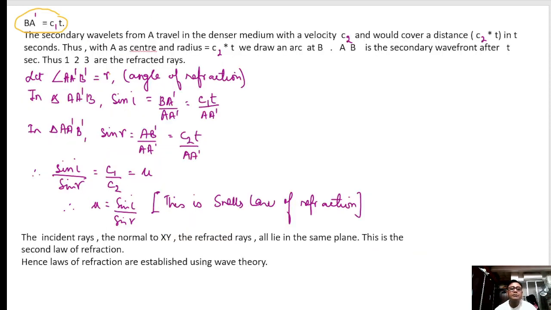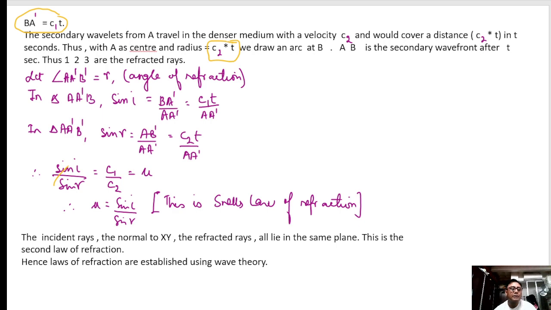Similarly, the distance covered from A to B dash will be C2t.